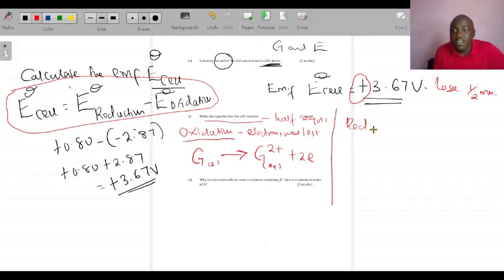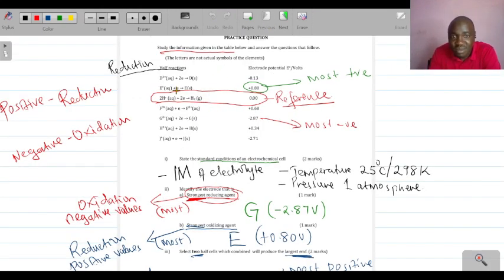Then we shall have the reduction half equation. In our case, E undergoes reduction. And there's something that we must note about E. What is the charge on E? +1.